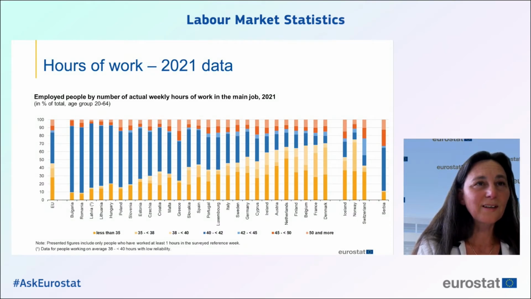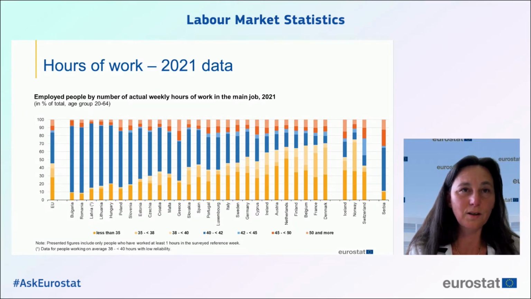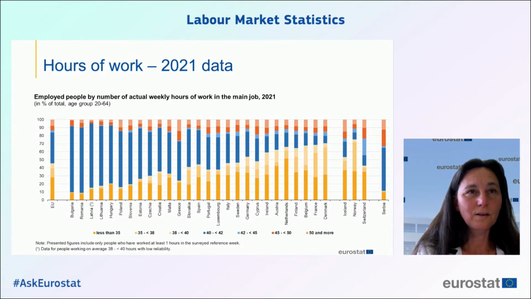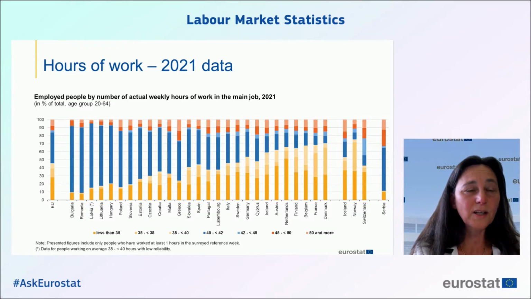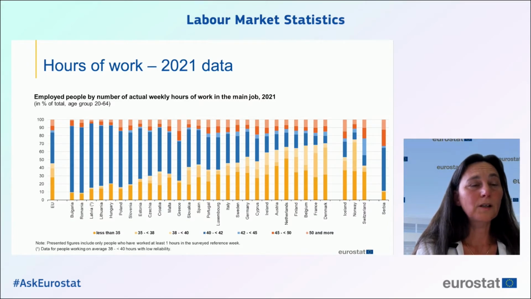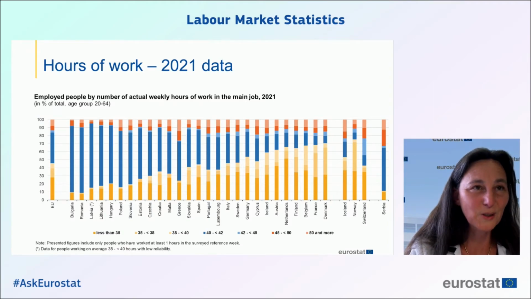So here you can see the distribution for each country of people according to the number of hours they work weekly. As you can see here, you have big variation across countries. But if you look at EU level, we can see that you still have big differences. So you have nearly 20% who are working less than 35 hours a week.